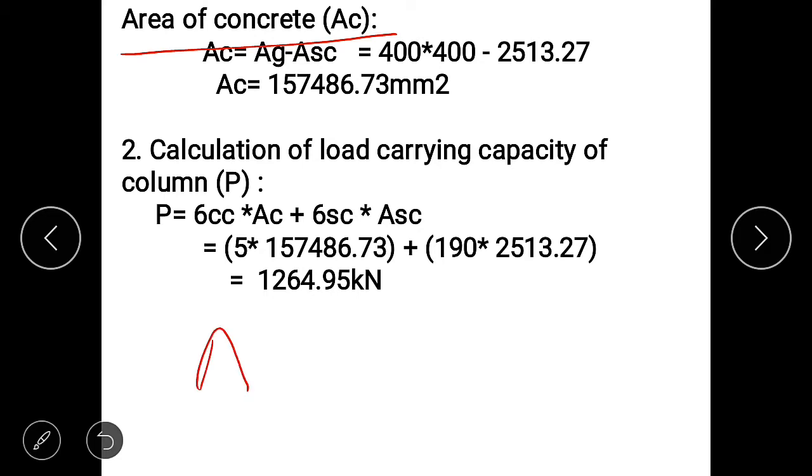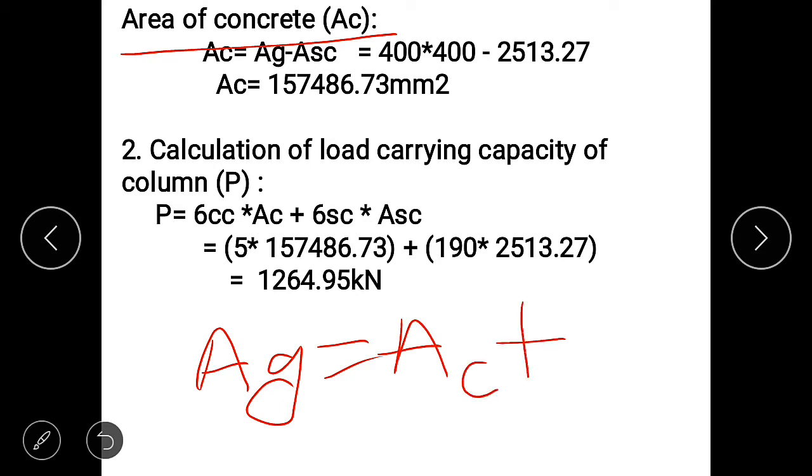So the total gross sectional area of the column is equal to the area of concrete plus the area of steel. AG means the total cross sectional area of the column, equal to AC plus ASC.